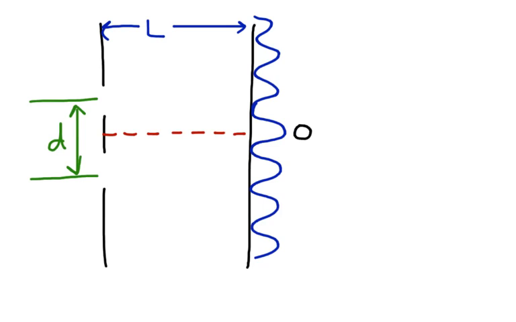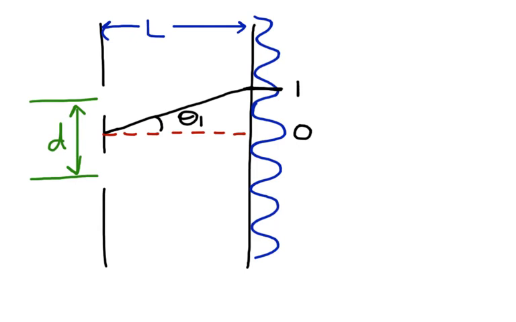But what if I'm interested in my order of constructive interference at this point? Well, I'm going to draw a line from my midpoint to that fringe, and then there would be an angle that I could measure. Maybe I would call that theta sub 1, because that's the angle to my first order of constructive interference.